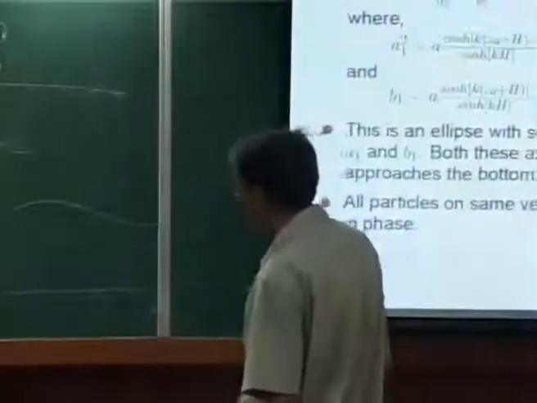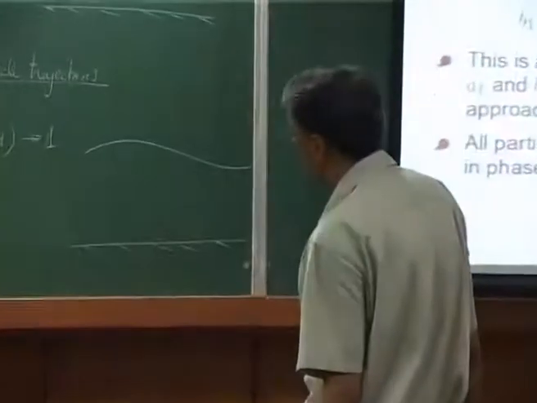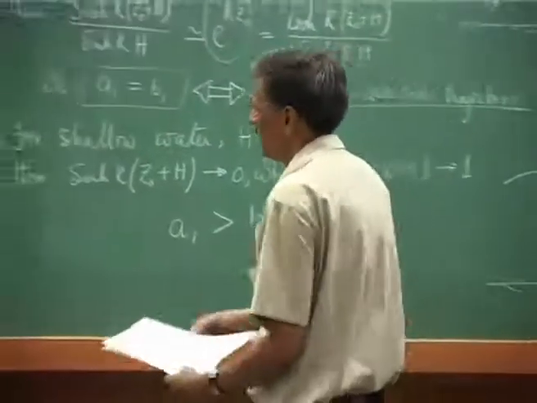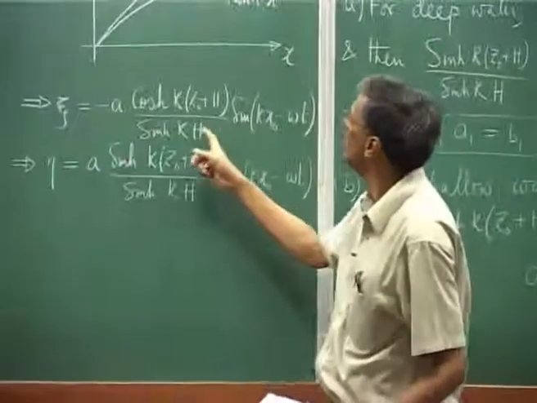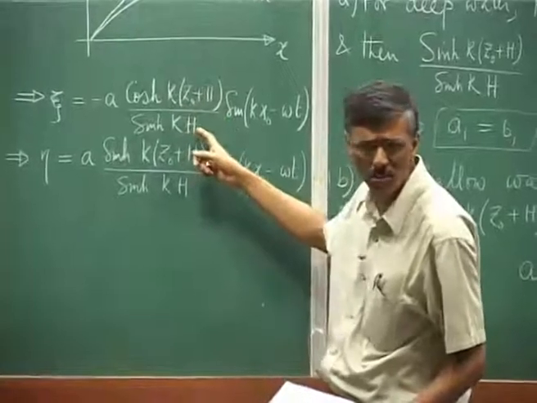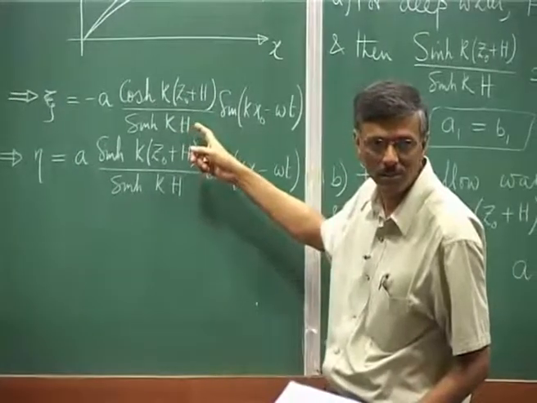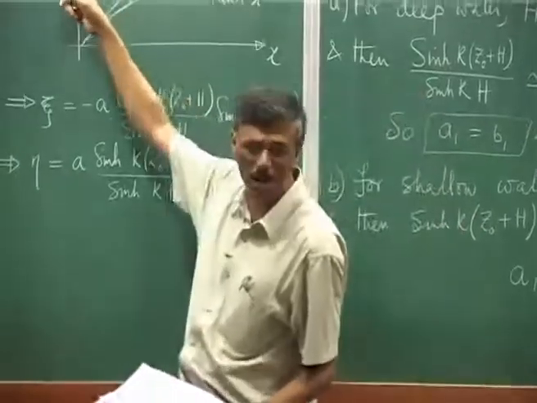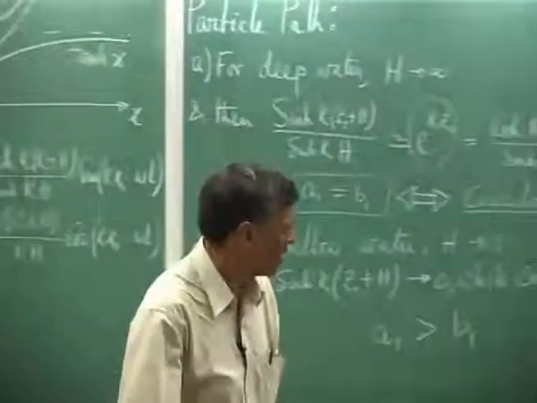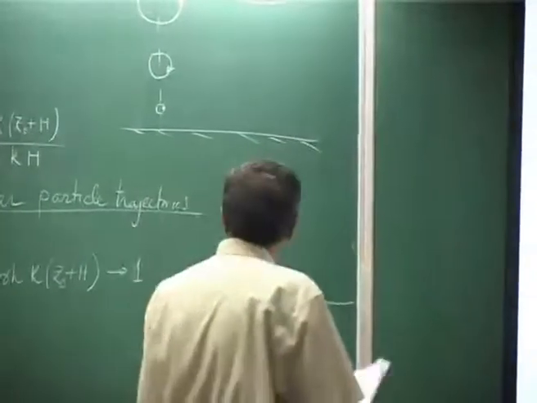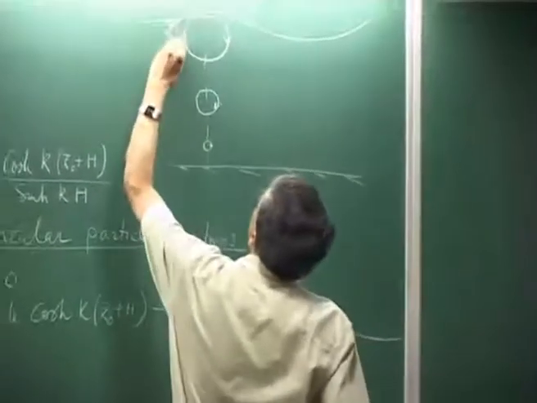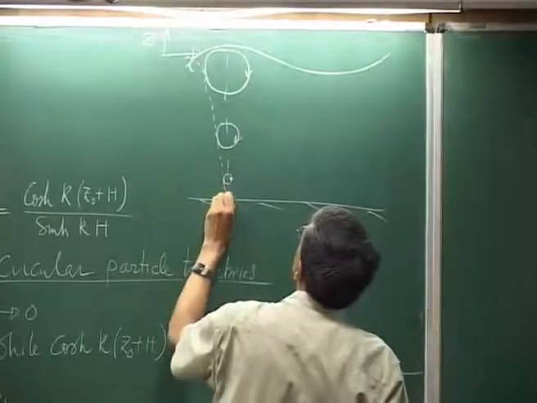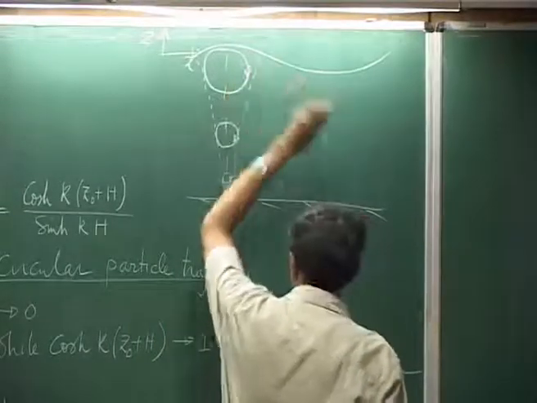You also note that the semi major axis would not change very much with z naught, because they will be in the close vicinity of 1 itself. As a consequence, as you are seeing here, the amplitude keeps coming down and goes to 0 like this, and this is what you get.